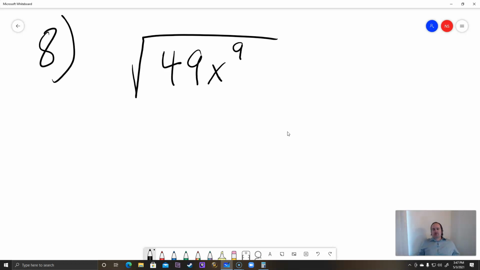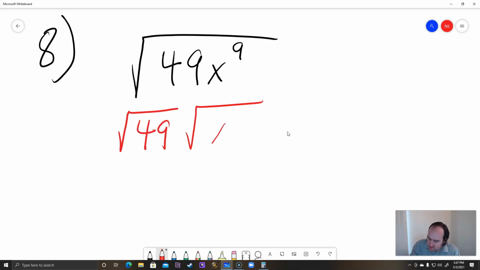Remember, if you have the square root of things multiplied together, you can actually distribute the square root to each part. So this is the same as the square root of 49 times the square root of x to the 9.